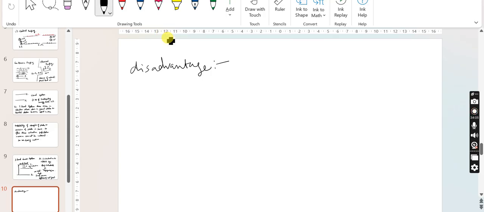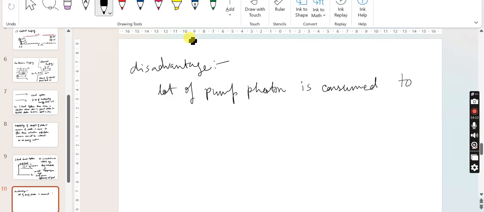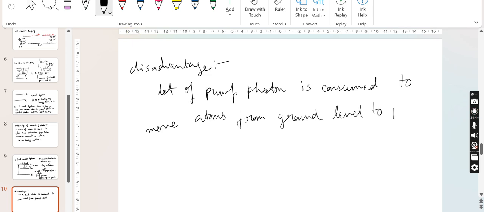So the disadvantage is that a lot of photons are consumed to move atoms from the ground level to the pump level.